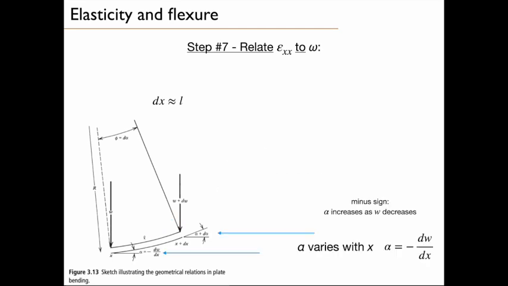These are small lengths. Then a second thing to keep in mind is that since alpha varies with x, we can relate alpha to dw/dx. But we take a minus sign here because, as you can realize, alpha increases as w decreases.